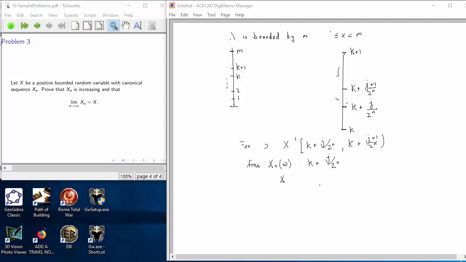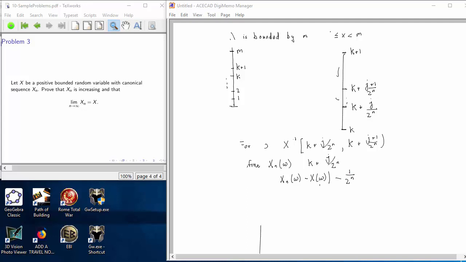And in doing so, I can't change the value by very much. The most I can do is change the value by the size of one of these intervals, by an amount that is less than 1 over 2 to the n. Okay. Now what happens if I increase n by 1?